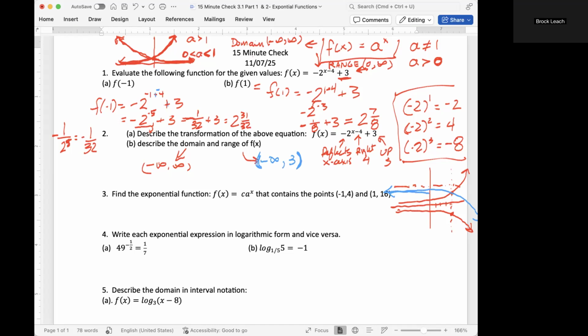So plugging, I'm going to take the 1 and 16 here. 16 results when we have 1 here. And then we also have 4 resulting when A is -1.